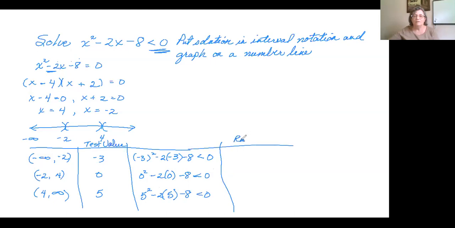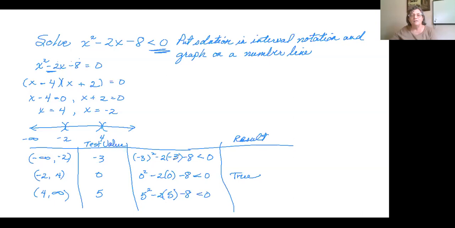And the result. Do I have to work it all the way out? Well, this one is negative 8 is less than 0. This is true. That generally means that the other two are going to be false, but you cannot guarantee it unless we'll talk later about how to tell for sure.